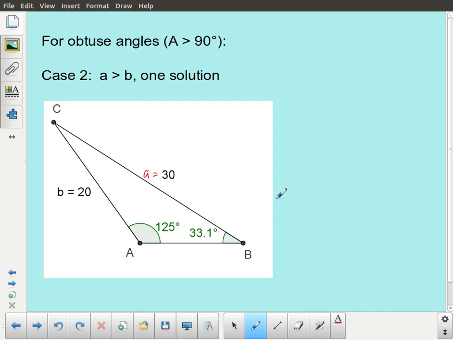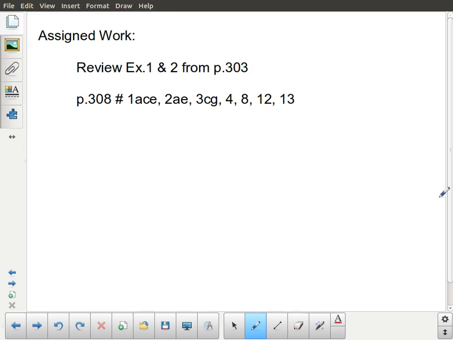So this one's easier in the sense that there are fewer cases to consider, but I actually think that this one's much more difficult to visualize. Okay, so that's it for the ambiguous case of sine law. And I say that's it as if, oh, we wrap that up and that's easy. It is not easy. You have to spend some time thinking about it, but it does make sense if you just break it down.